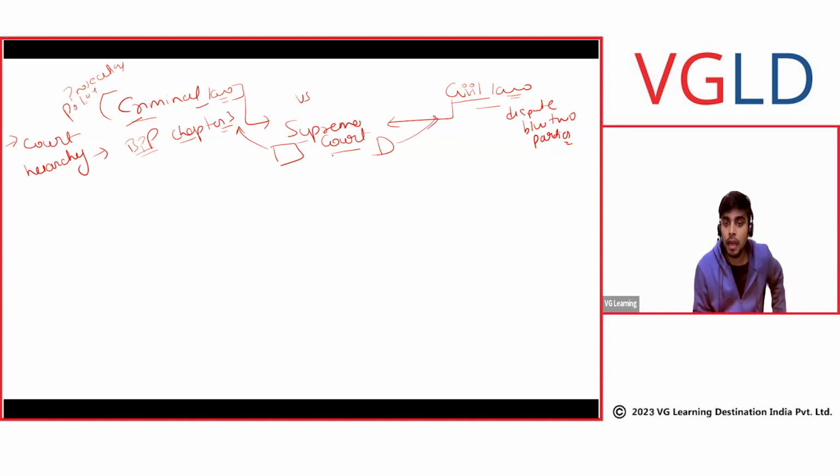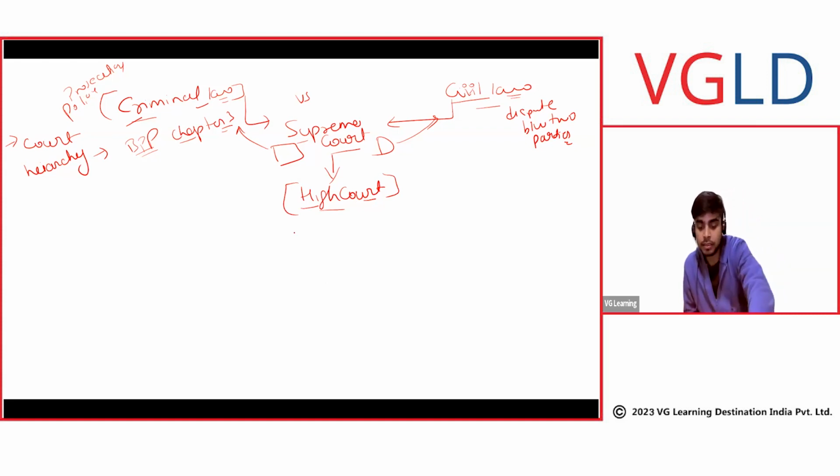Below the Supreme Court, as Afan and Arya mentioned, the lower court is called the High Court. In the High Court there will be different categories.